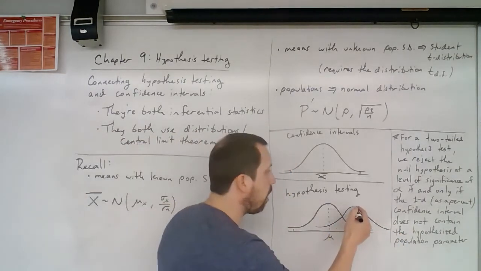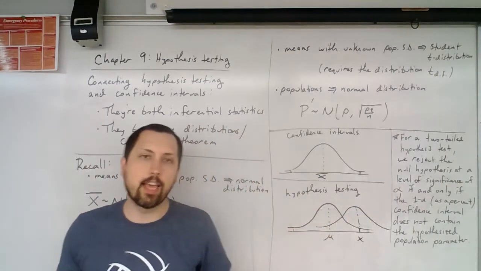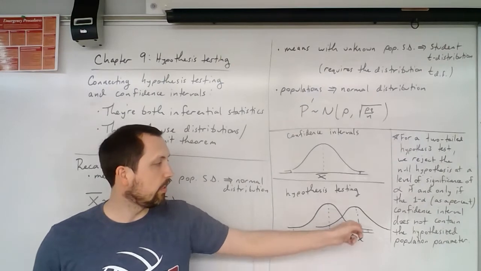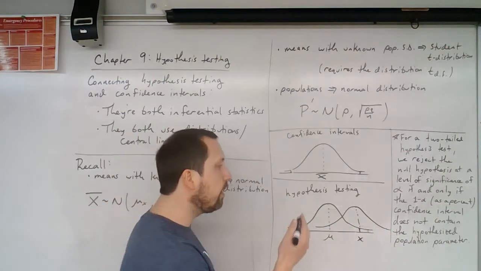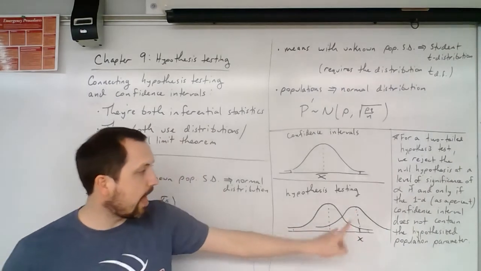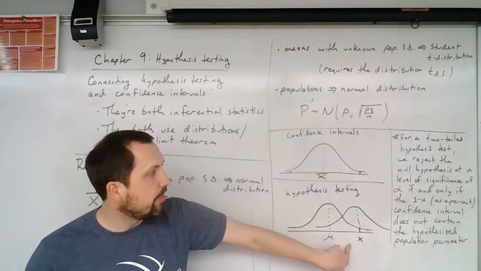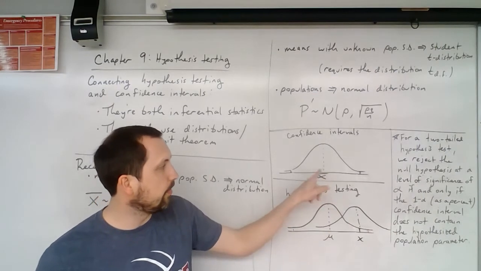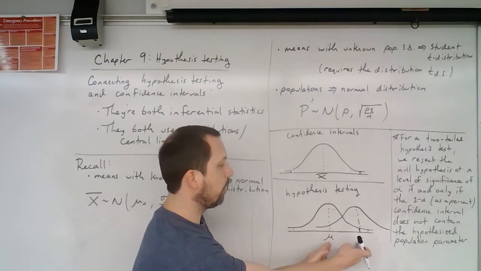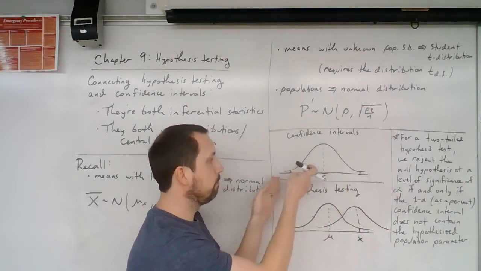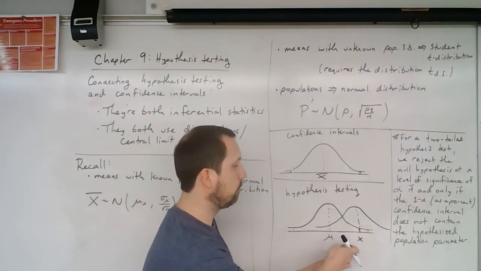So you could draw both of these distributions on the same line. Notice that when these two are very close to each other, the population mean is going to be close to this, and the sample mean is going to be close to this.